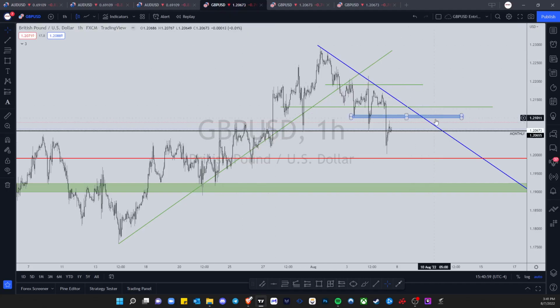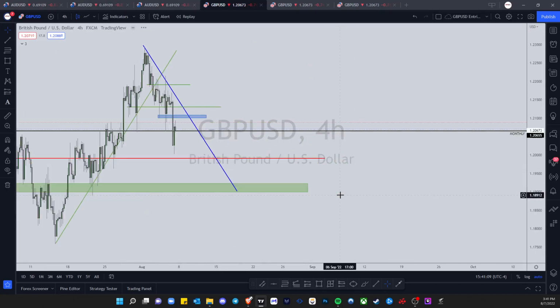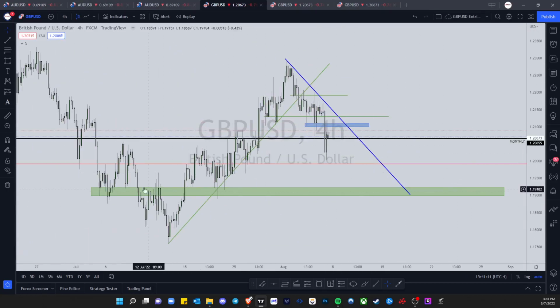Right. So the only thing we're waiting for right now is for H4 to retest this area right here. Right, that was the previous area that it broke structure from. We just needed to retest that area, right?